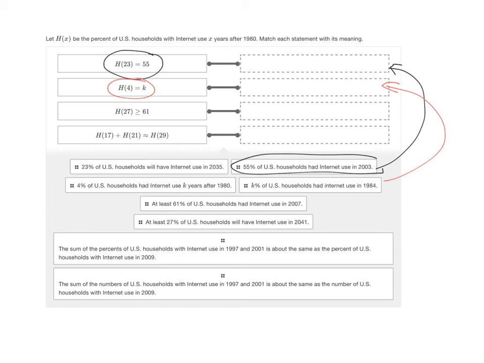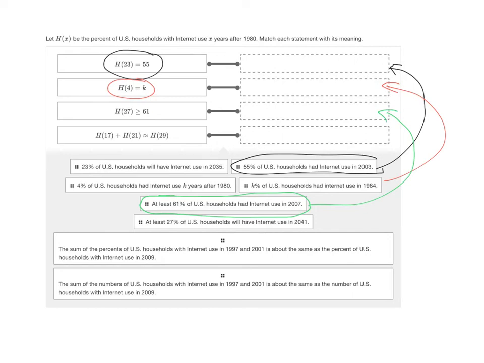h of 27, so that's 2007. And 2007 is greater than or equal to 61%. So that's the same as at least. So 2007, at least 61%.